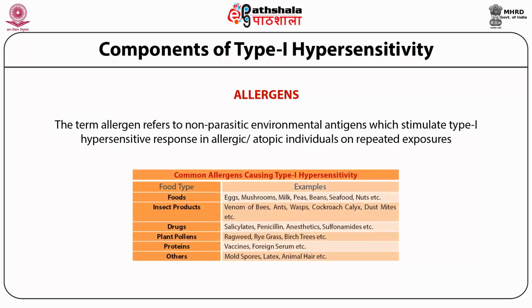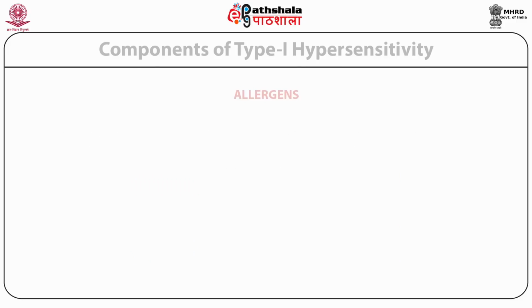Here you can see some of the very common allergens, which can be food products, insect products, drugs, plant pollens, proteins, and various others. Most of the allergens are small-sized, soluble, glycosylated proteins or protein-bound substances with a molecular weight of 15,000 to 40,000.